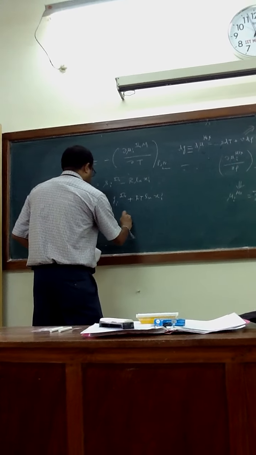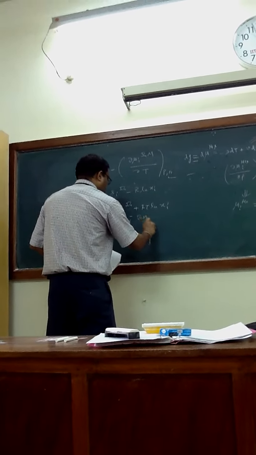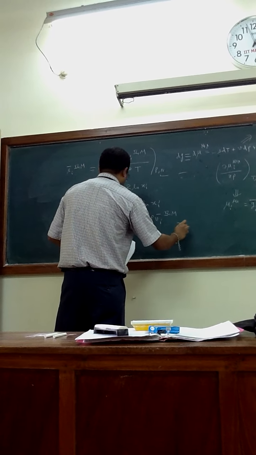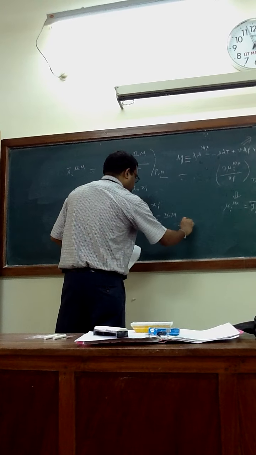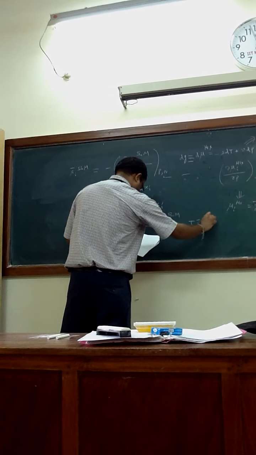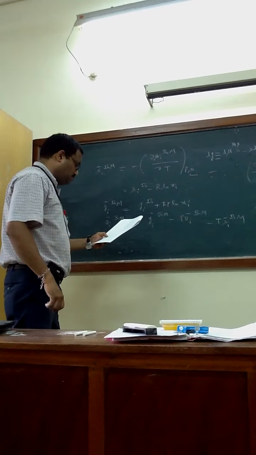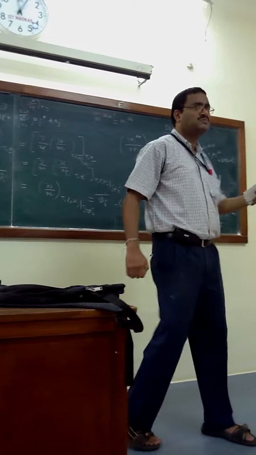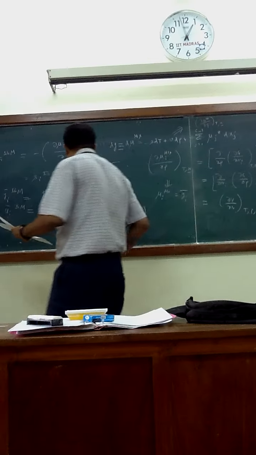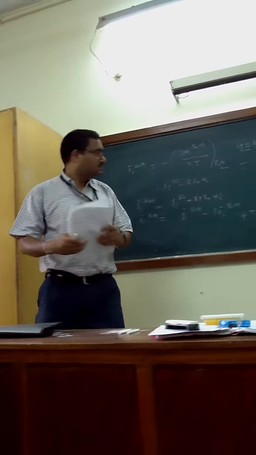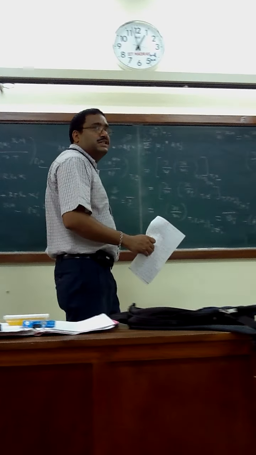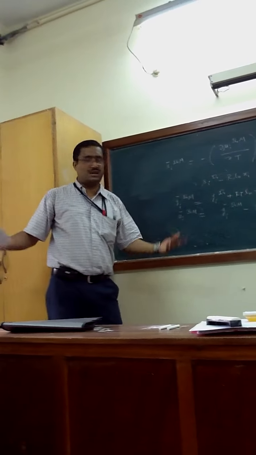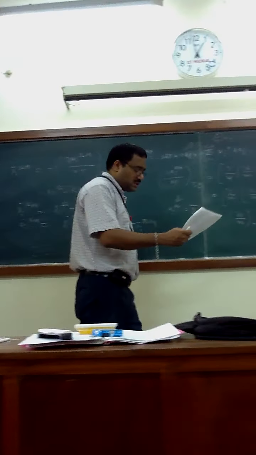So you can write G_i bar igm minus P V_i bar igm plus T S_i bar igm. P V_i bar igm is nothing but P V_i^ig, which is RT. G_i bar igm, you know the answer.